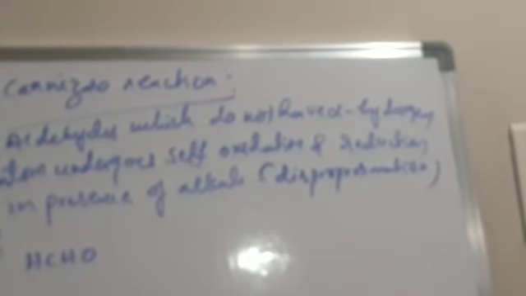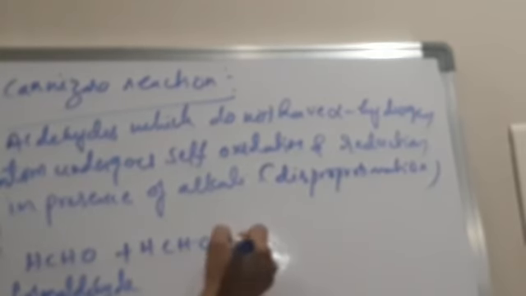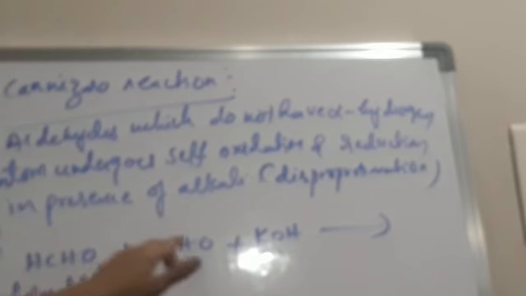Okay. Here also we take two molecules of formaldehyde. So it undergoes reaction with potassium hydroxide. So reaction takes place in presence of alkali. So first formaldehyde, aldehyde, is reduced to alcohol.